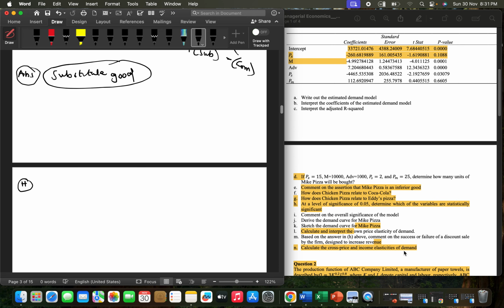If your p-value is greater than your level of significance, we are finding the statistical significance of the variable.